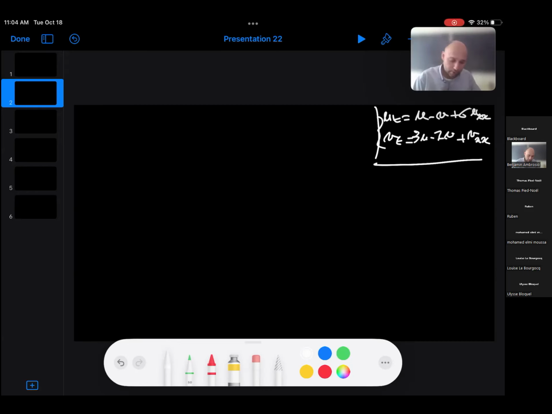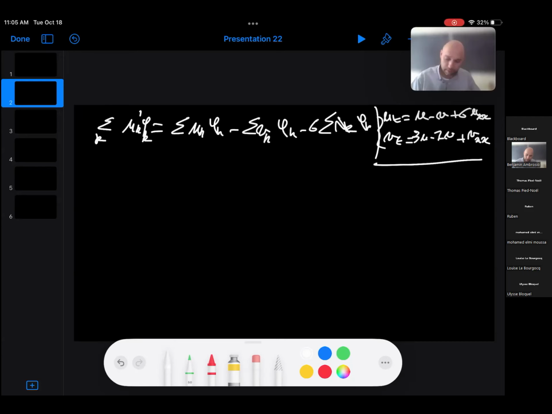So I obtain the sum over k of u_k prime, where the derivative is with respect to time, equals the sum of u_k phi_k minus the sum of v_k phi_k minus sigma the sum of lambda_k u_k phi_k, because phi_k'' equals minus lambda_k phi_k.